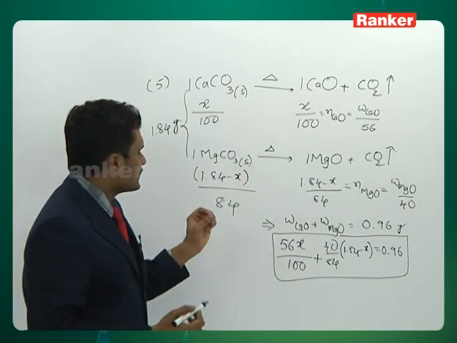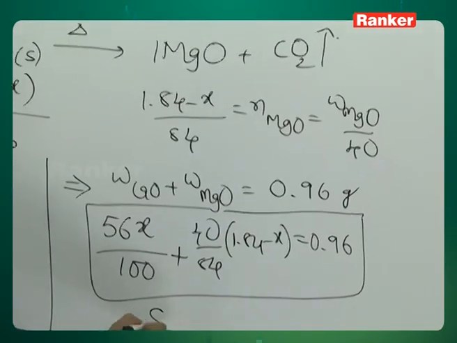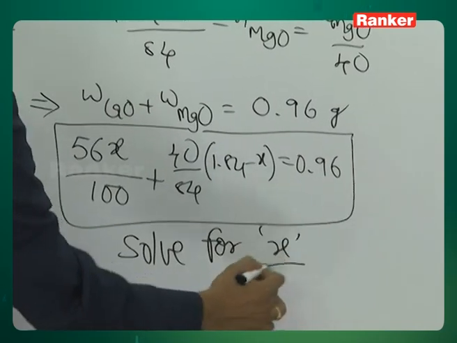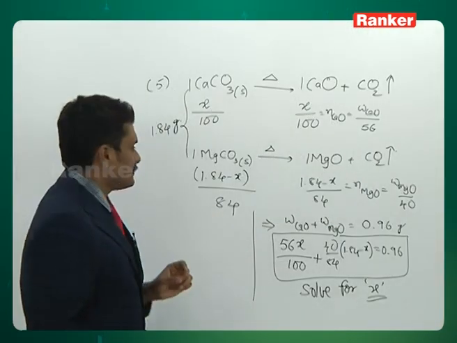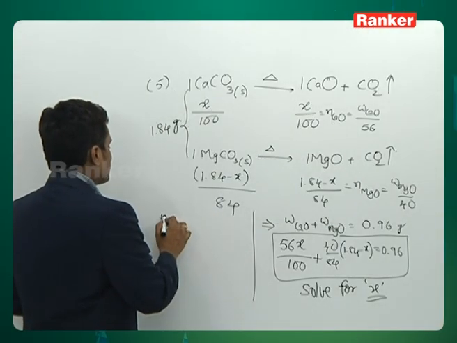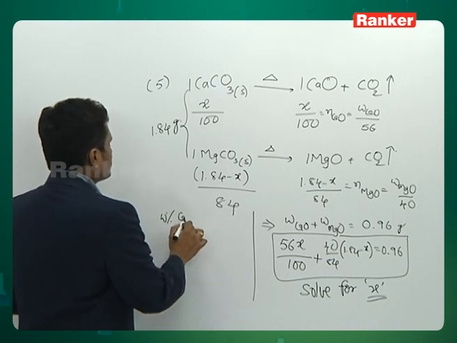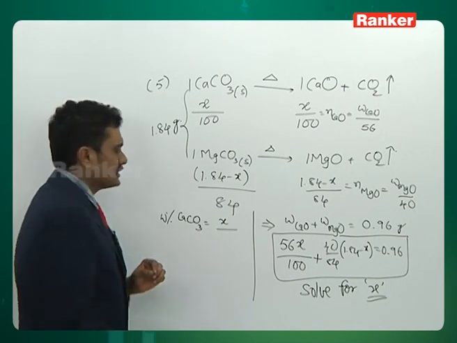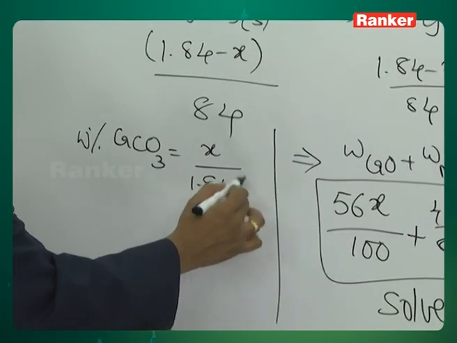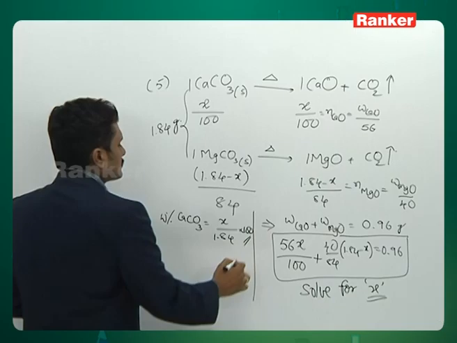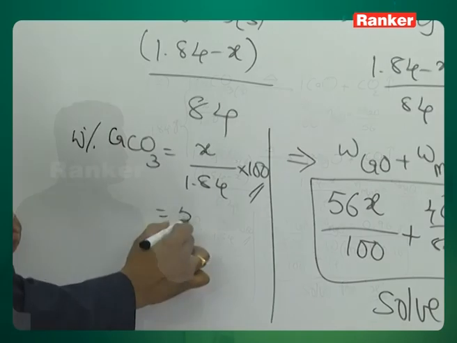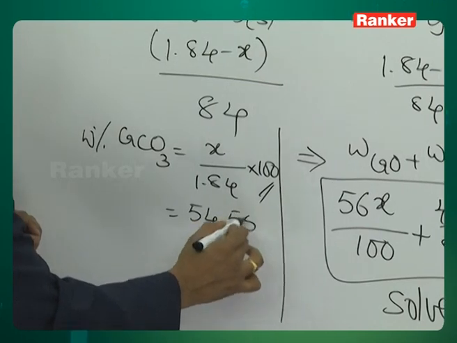So what I will do finally is solve this equation for the value of X, and after solving I will find out the percentage composition, that is, the weight percentage of CaCO3, which is equal to X, the weight of CaCO3, divided by the total weight into 100. When I substitute the value, I get 54.35 percent.